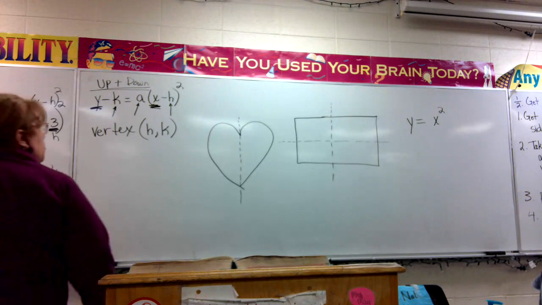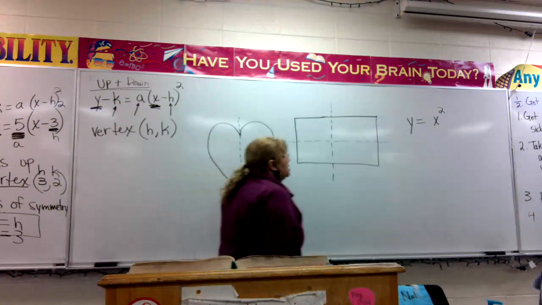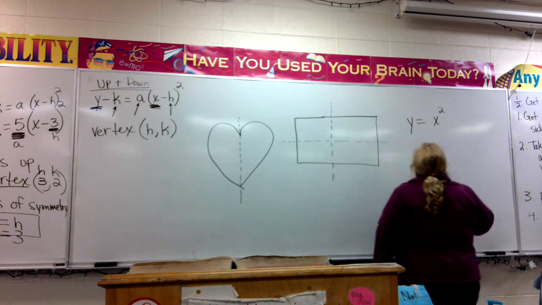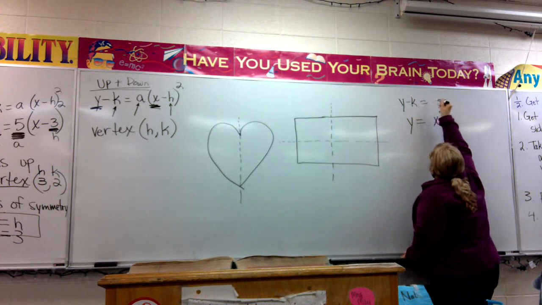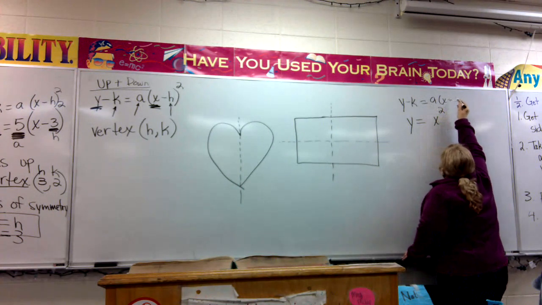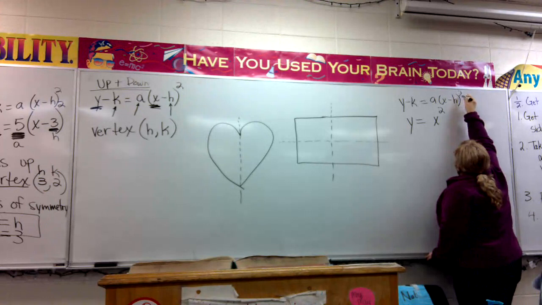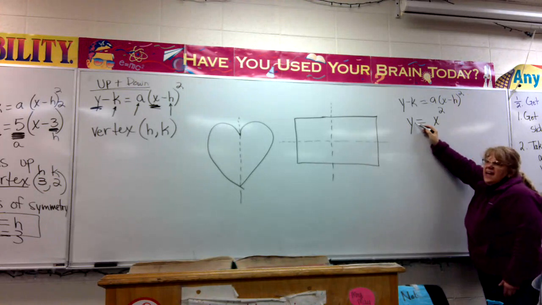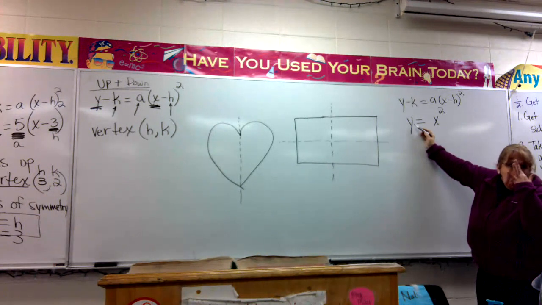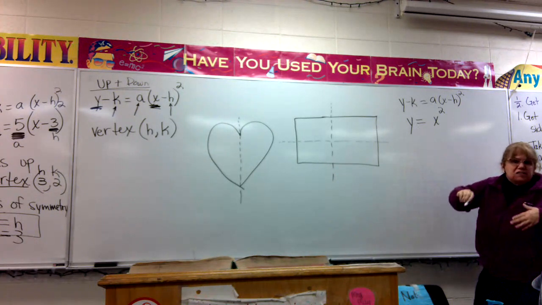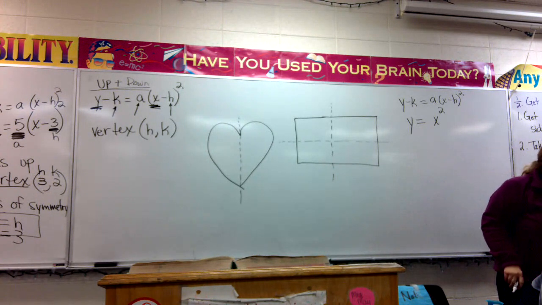Is that an equation for a parabola even? Where's the K? Where is it? If it's not there, what is it equal to?